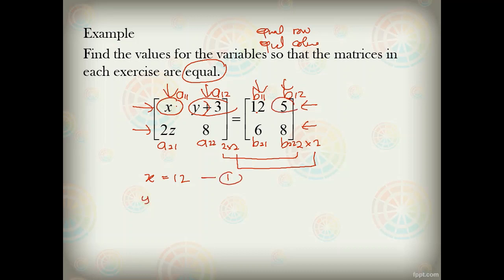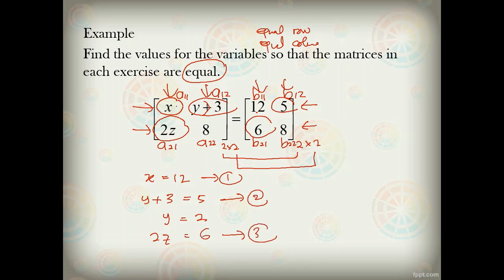Our second is y plus 3 equals 5. So we can solve it on the spot, where y is equal to 2. And then the third equation is this element equal to this element, so 2z equals 6. This is our third equation, so z is equal to 3.